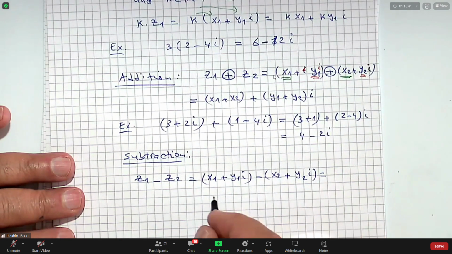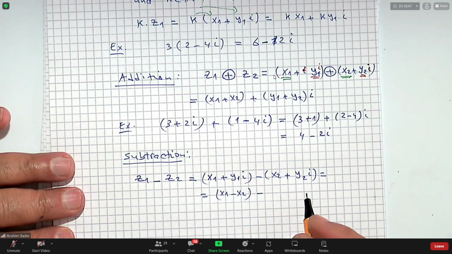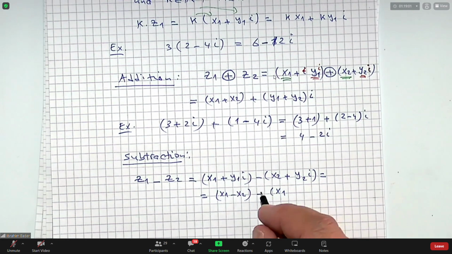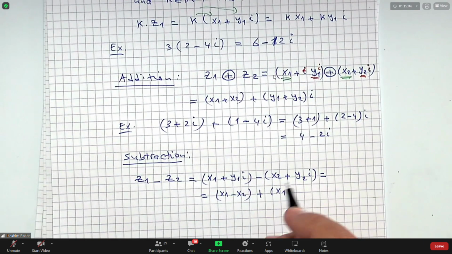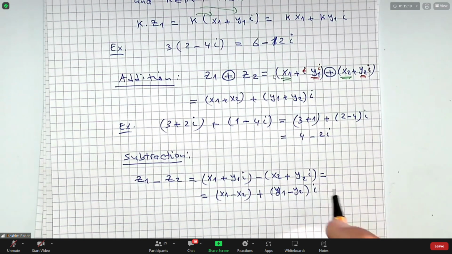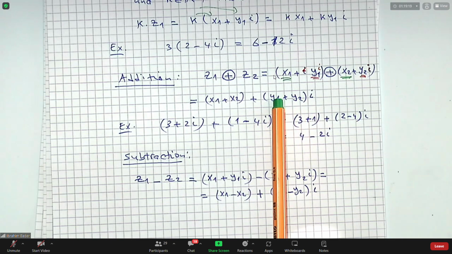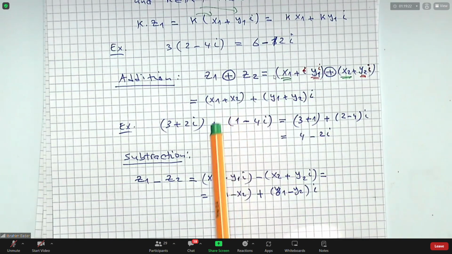This is equal to X1 minus X2 plus, because you subtract the y's here, Y1 minus Y2 times I. Notice that this is the imaginary part of the outcome, and this is the real part.